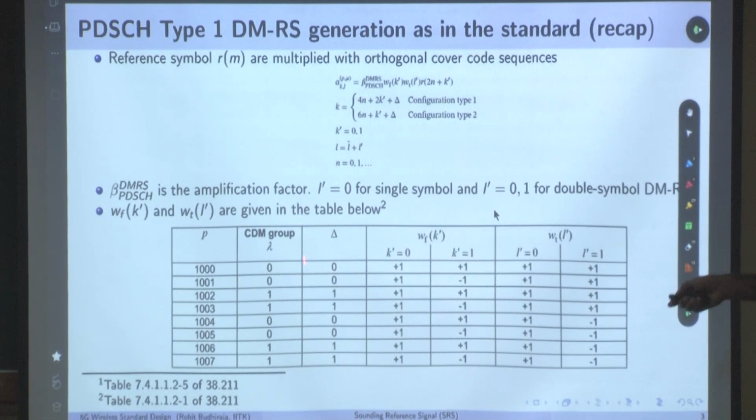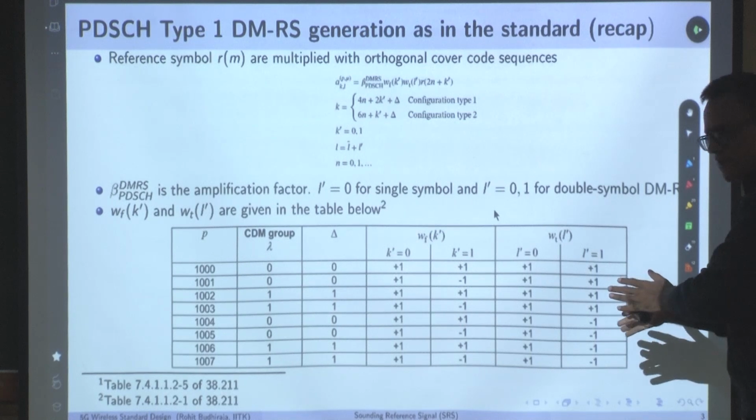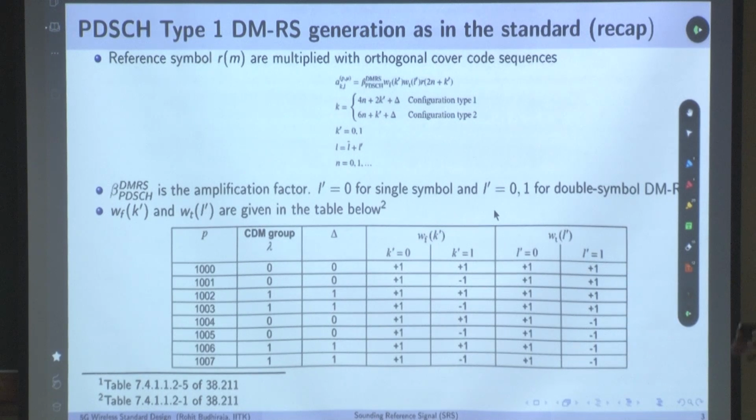If you look directly at this, it doesn't make sense, but if you substitute these values over here, it will be clear what is happening, and that's what I am going to show you. One thing is clear, this table is meant for type 1, wherein a maximum of 8 ports can be defined. There are different groups, but how many? Only 2 groups, CDM group 0 and CDM group 1.